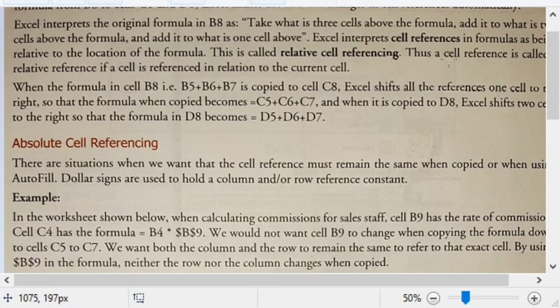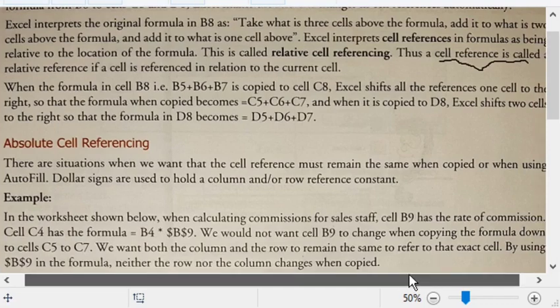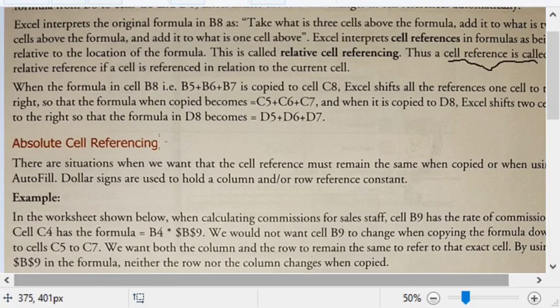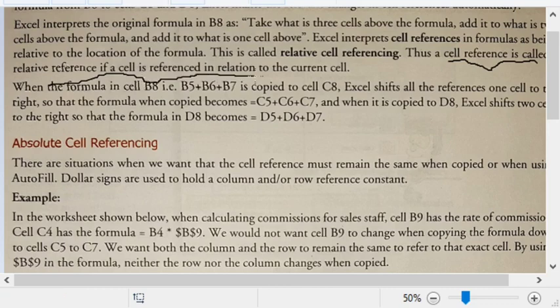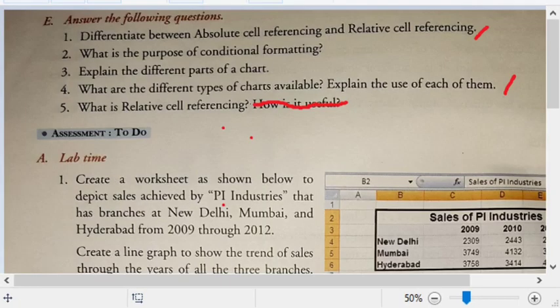From here, the cell reference is called a relative reference if a cell is referred to in relation to the current cell. Exercise has been completed.